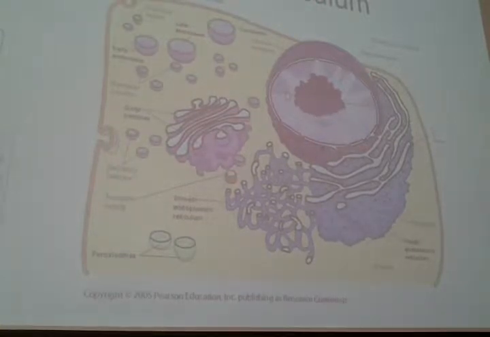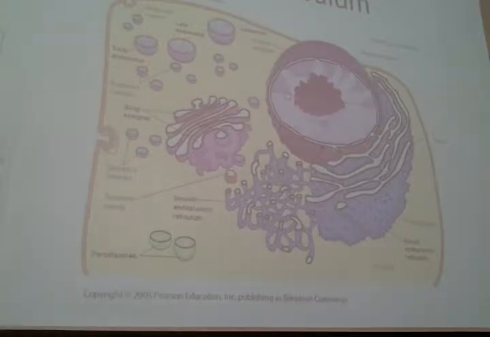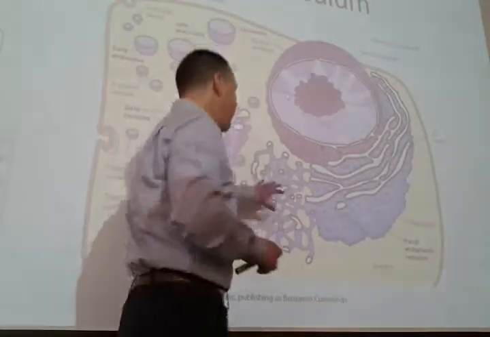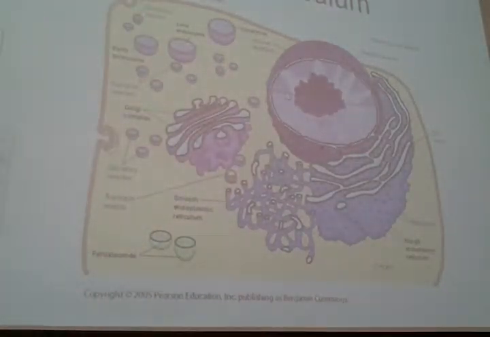And then the other big thing that the smooth ER is all about, in all cell types, but especially in the liver, is the predominant place where we see detoxification. So if you look at liver cells, they have a lot more smooth ER than your average, say, skin cell or brain cell, or pick any of your other favorite cell types.